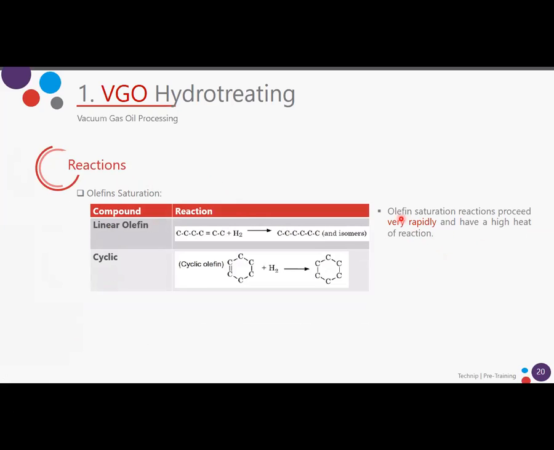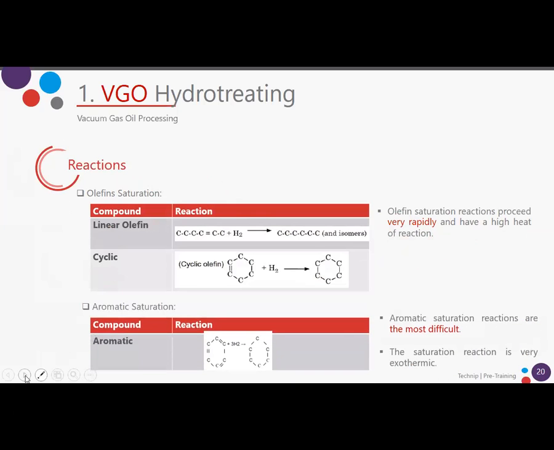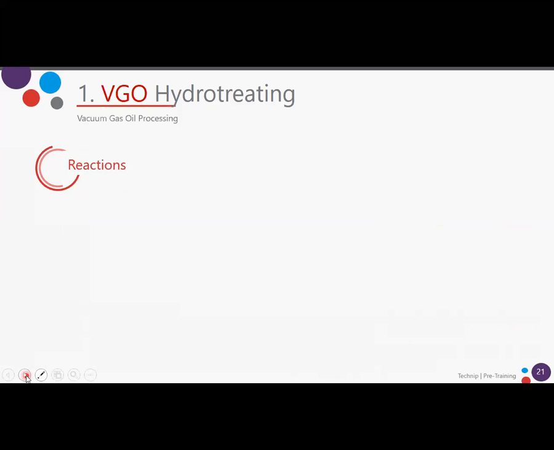These are very rapid reactions and have a high heat of reaction. And we will have some aromatic saturation also. So these are the most difficult, and they are very exothermic.